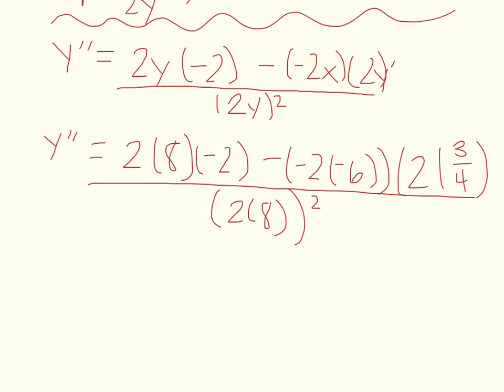Okay, so that equals 2 times 8 times -2, equals -32, minus -2 times -6 is 12, and then 2 times 3/4 would be 6 over 4, which is the same thing as 3 over 2.